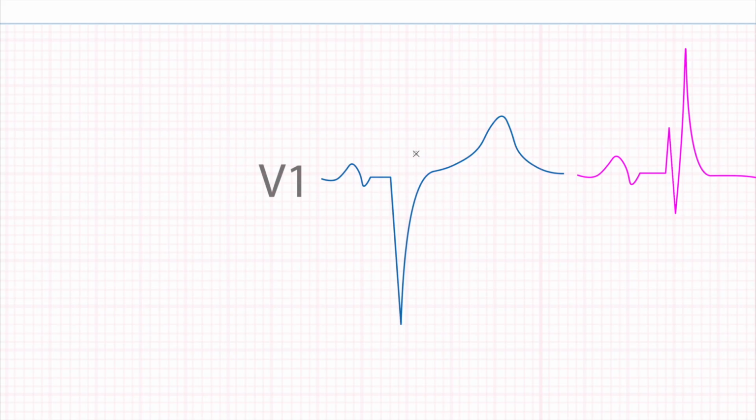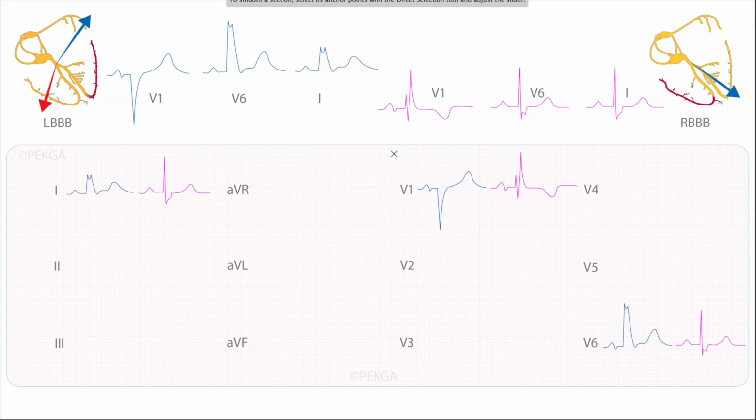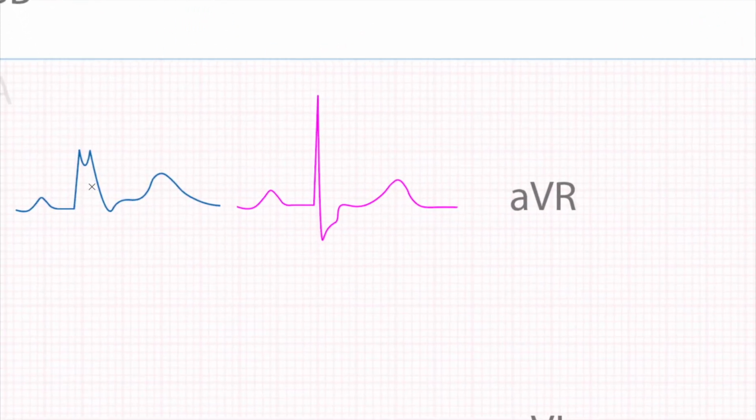Most of the time that's true, but your QRS needs to be wide. It needs to be 120 milliseconds, according to most literature you run into out there. It doesn't necessarily have to be 120 milliseconds. However, you do need to have some sort of a widening in lead V1.